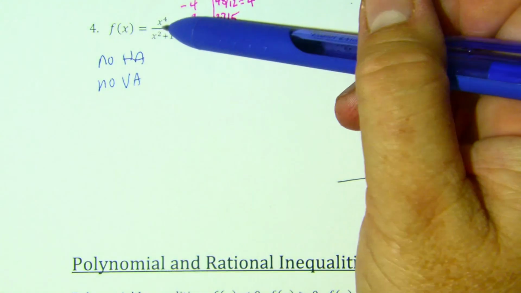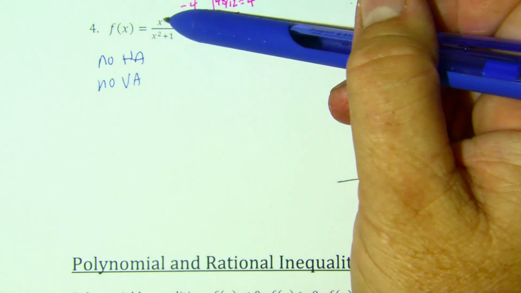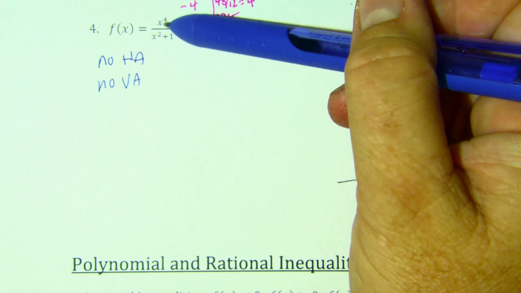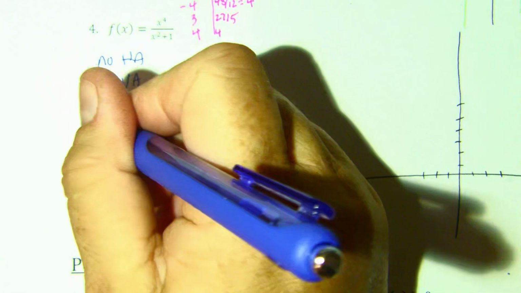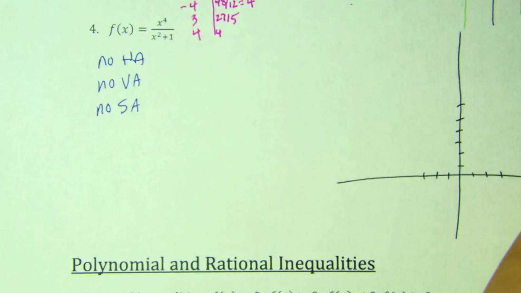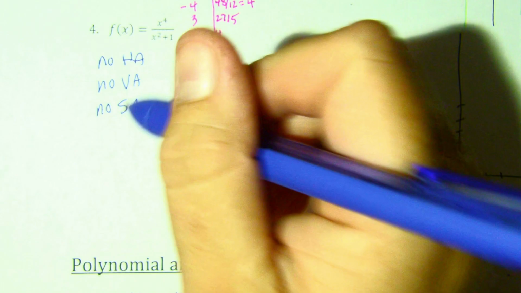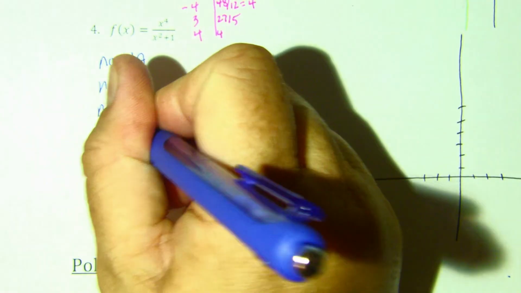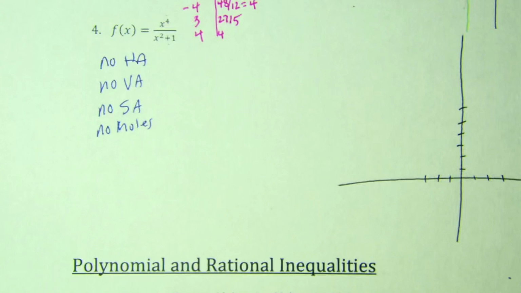In order for us to have a slant asymptote, there would have to be the degree being just one more on top than bottom, but it's two more, so there's no slant asymptote. And there's no factors between the top and bottom that cancel, so there's no holes. So that gives me no information. That doesn't give me any clues about what this is going to look like.